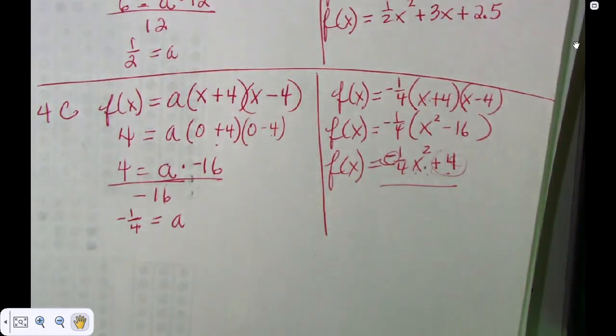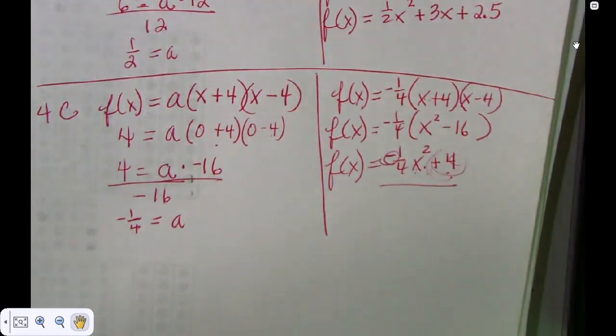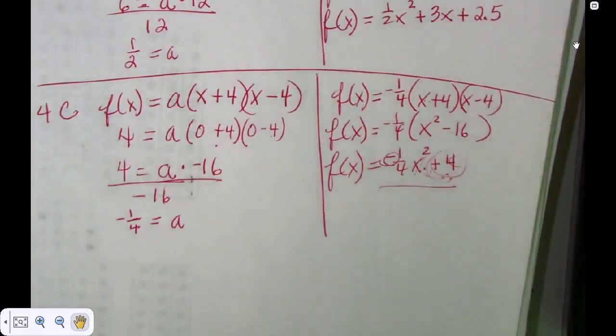When it doesn't have a middle term, I'm going to put that on the foldable. But that plus 4 is going to be on the y-axis. Of course, you knew that. It's 0, 4. But it's going to be centered on the y-axis. So x is 0. Okay? Does that make sense?